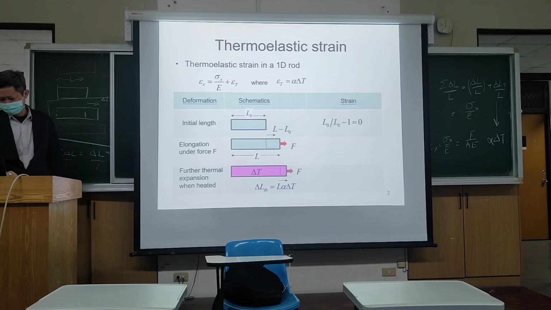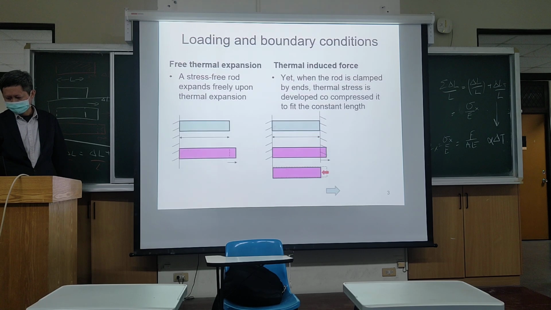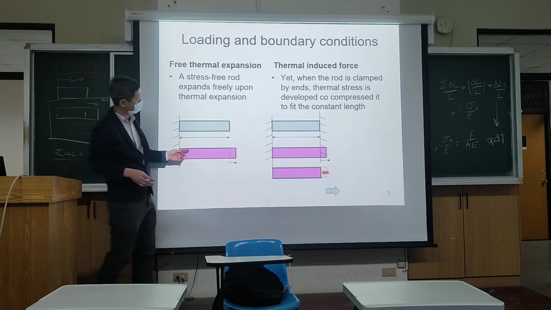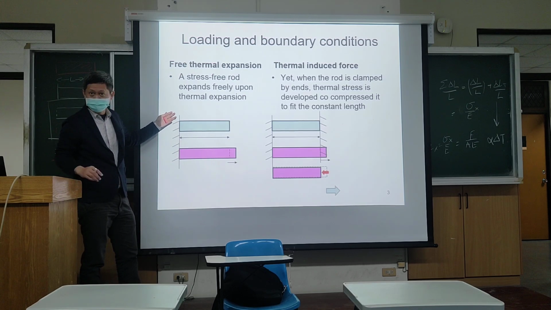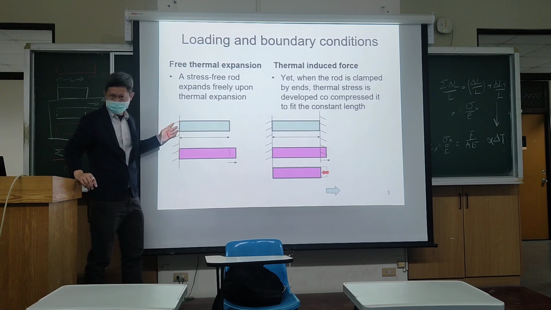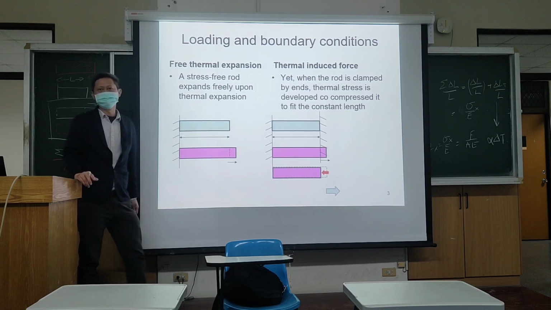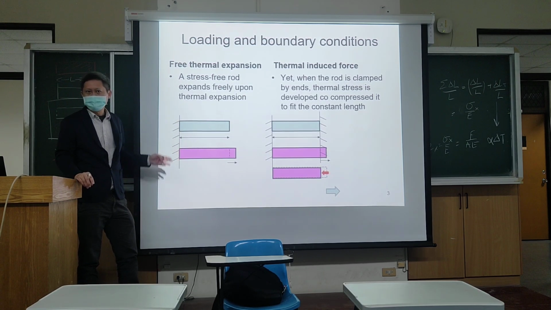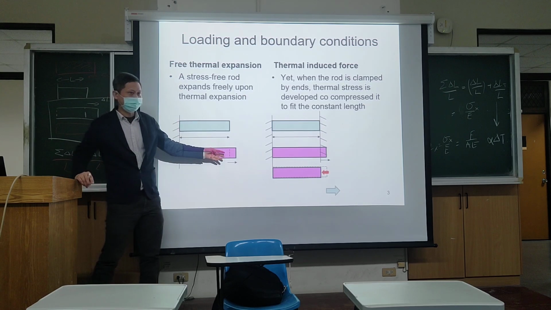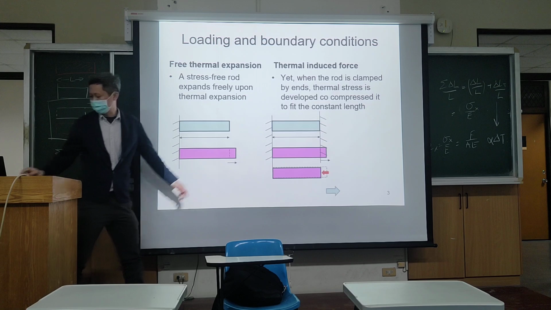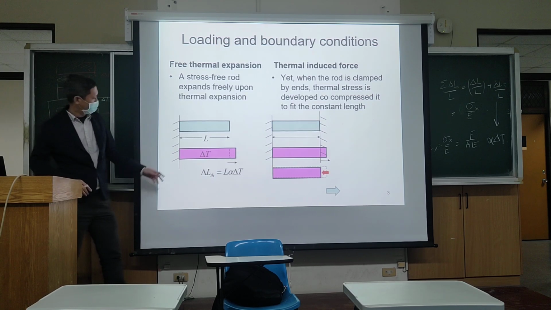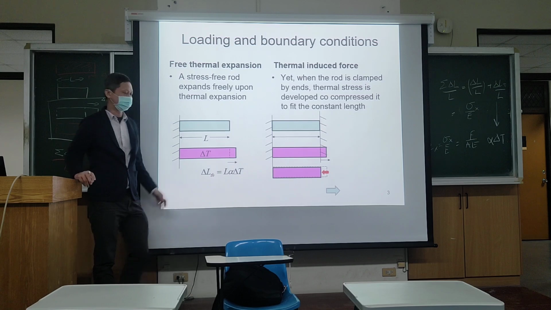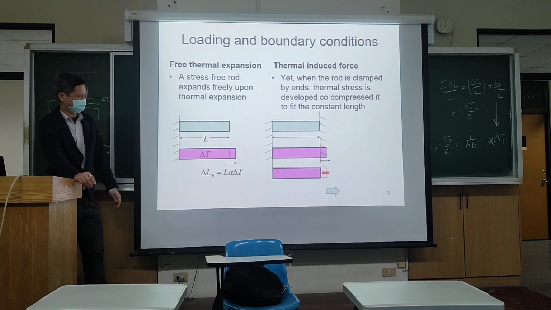Okay, then next, we try to understand more about these 1D thermally induced elongations. So if the rod is clamped at one end but free at the other end, if you heat it up, then the free end will extend by this L alpha delta T. This is what you learned before, thermal expansion.